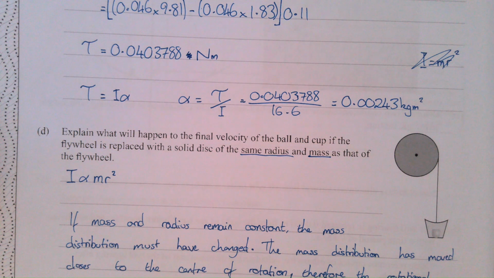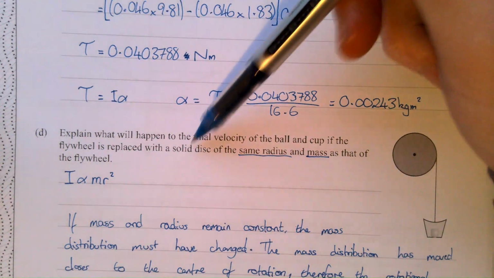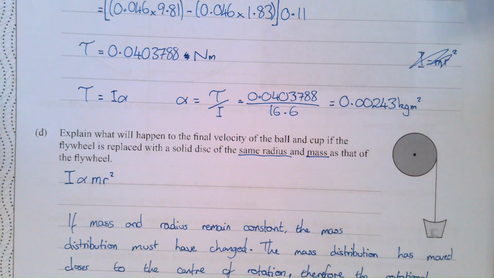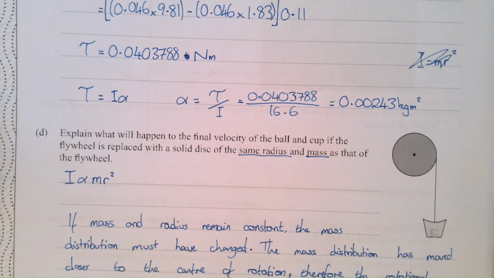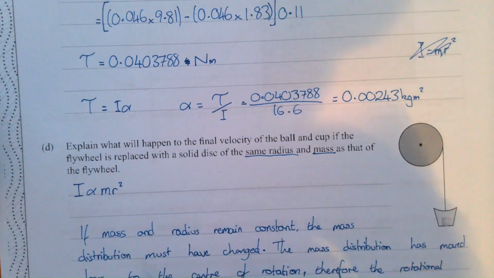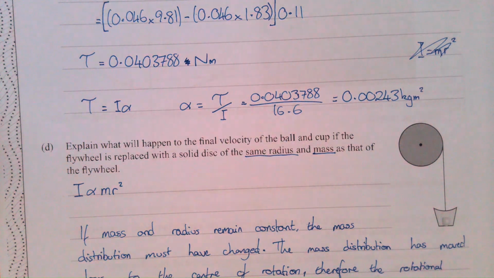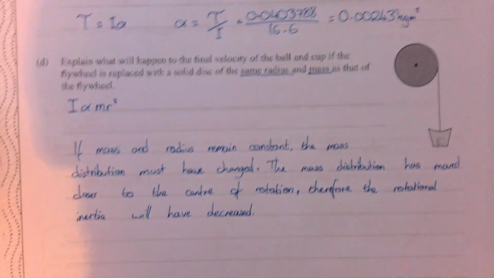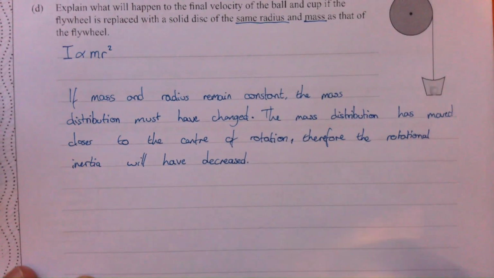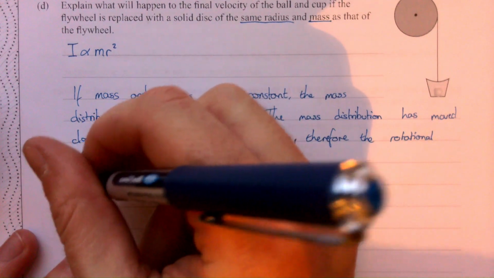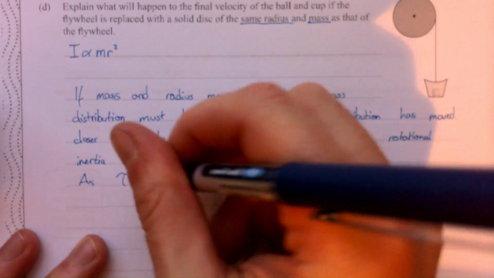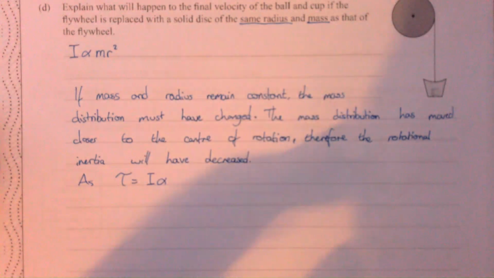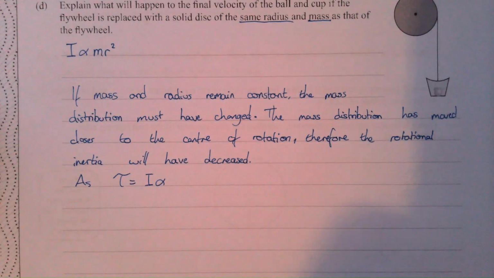Okay, now this is where we start to link in our various equations, and because we're talking about final velocity, this is going to take quite a few equations to make that point. So, we want an equation that's going to link acceleration and rotational inertia. We used it just in the previous part. So that tau is equal to I alpha.